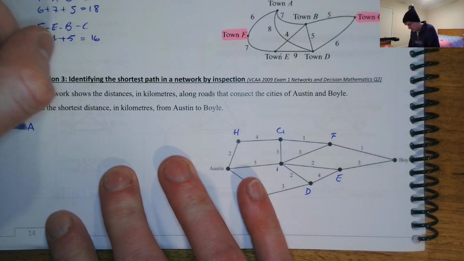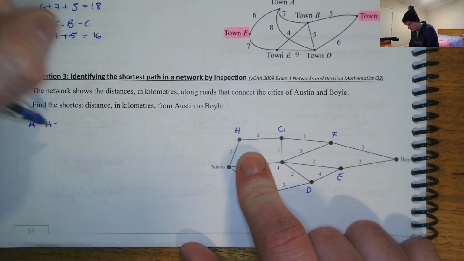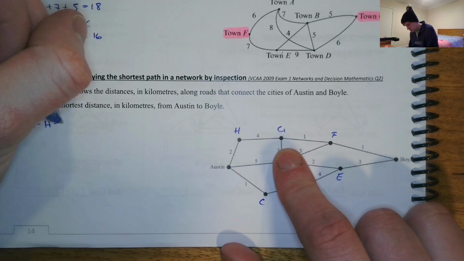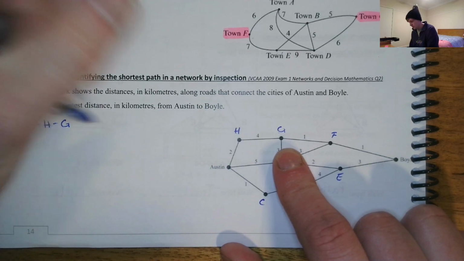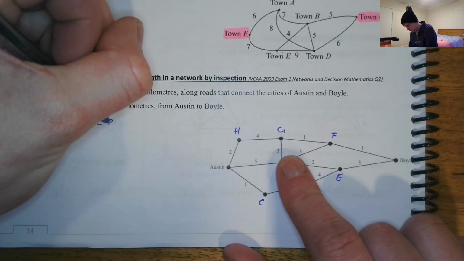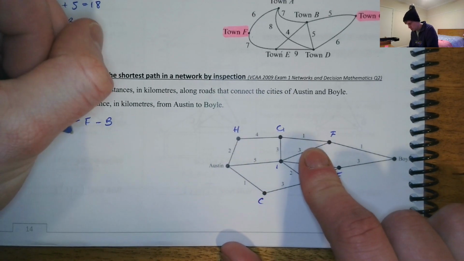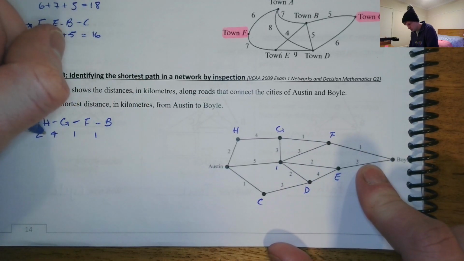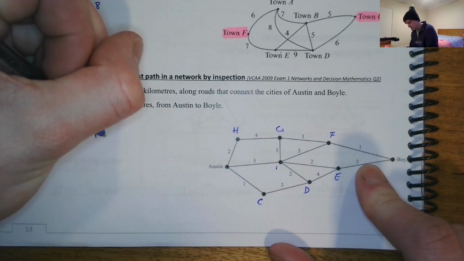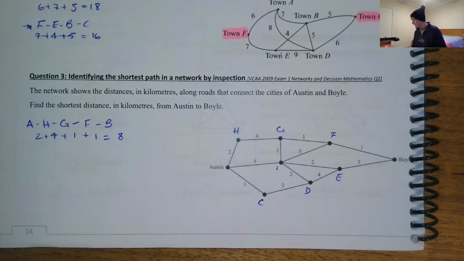We would go A to H, H to G, G to F, F to B. And that would be 2, 4, 1, and 1. Right, that's a pretty short distance. So 2 plus 4 is 6, 7, 8. That is the distance of 8.